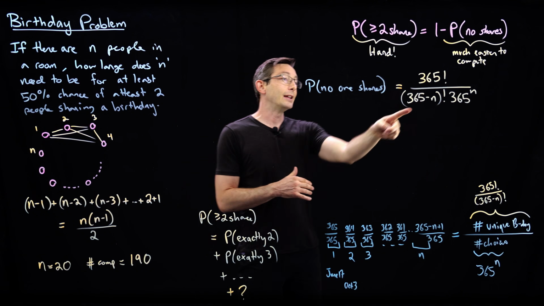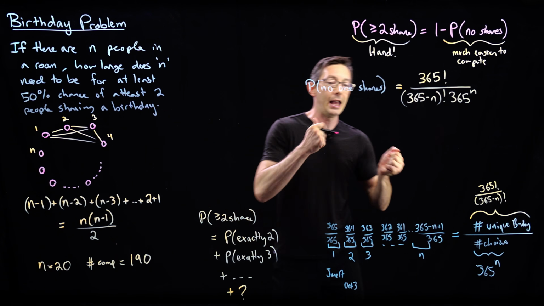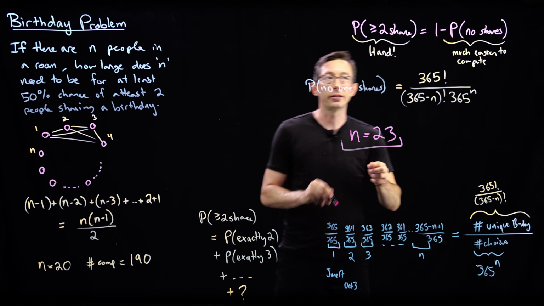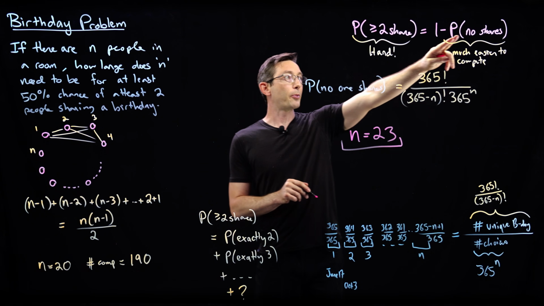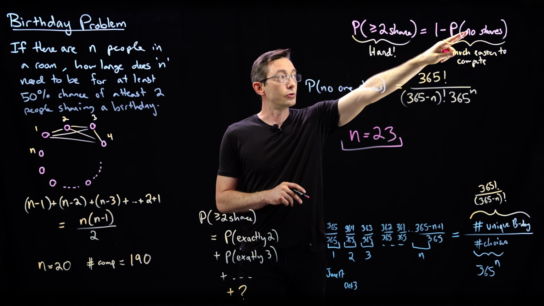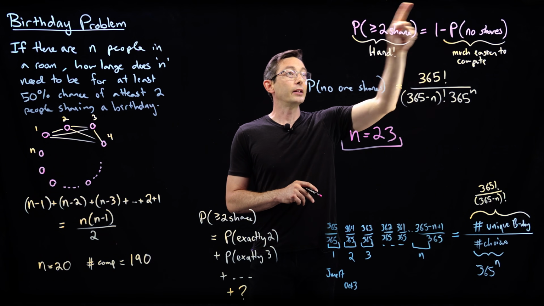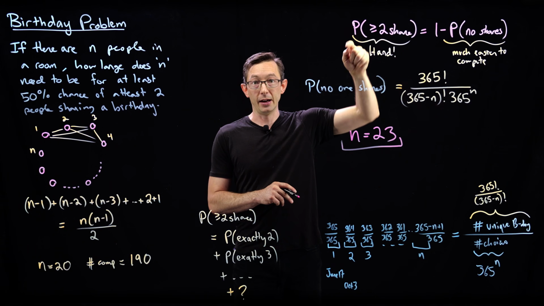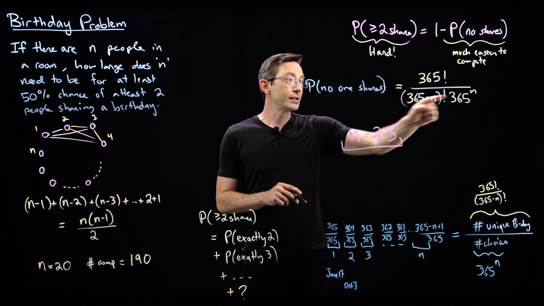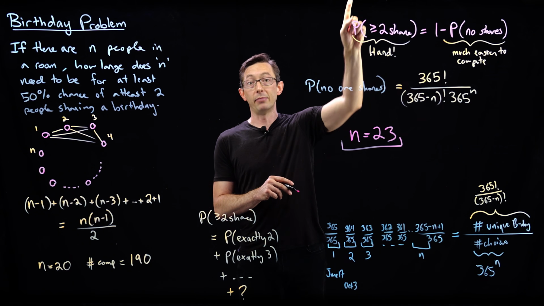And what you're going to find is that very quickly, in fact, for exactly n equals 23, the probability that no one shares a birthday drops below 50%. And so the probability that at least two people share a birthday goes above 50%.